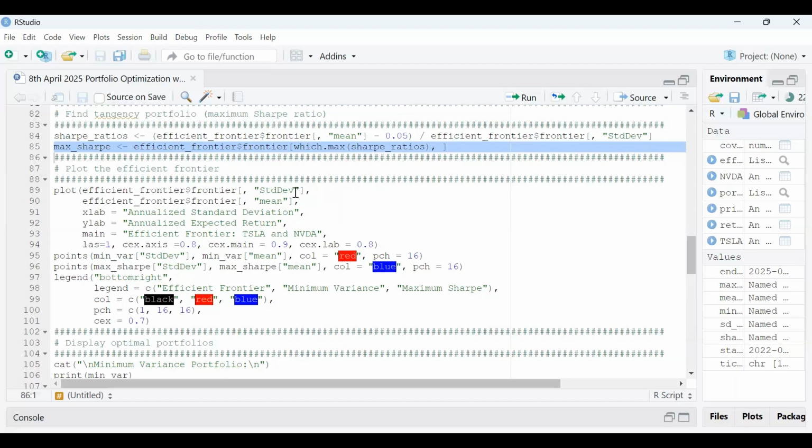So I have them showing here: standard deviation, x-axis, expected returns, y-axis. Then the rest of the details here are just aesthetics, where I bring in the title of the plot, and then I have the size of the labels or the plots, and then I also have the size of the axis, and so on and so forth.